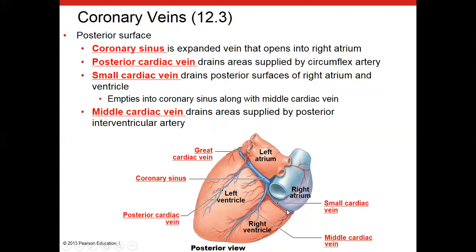The small cardiac vein also comes around, and they all merge into the coronary sinus. The coronary sinus is the major vessel that drains deoxygenated blood from the heart into the right atrium. So the right atrium is blue because it's always deoxygenated blood that makes its way there. Deoxygenated blood is designated as blue in figures, whereas the left atrium is oxygenated blood, so it's red.